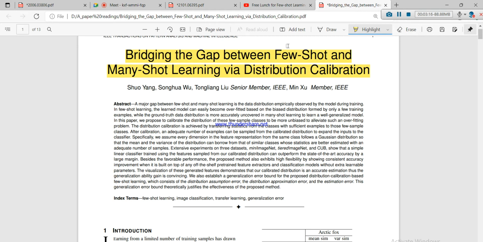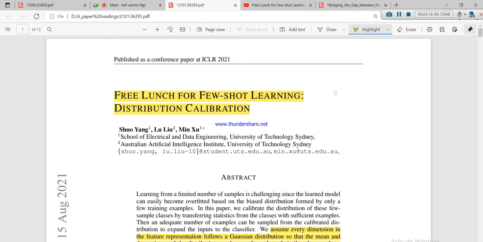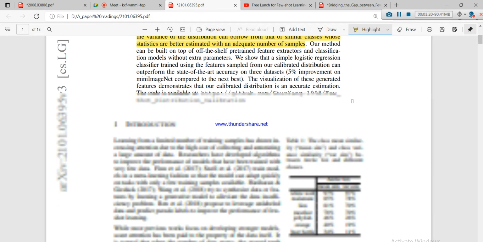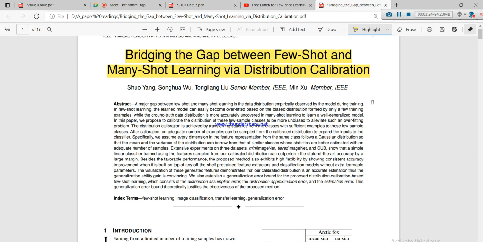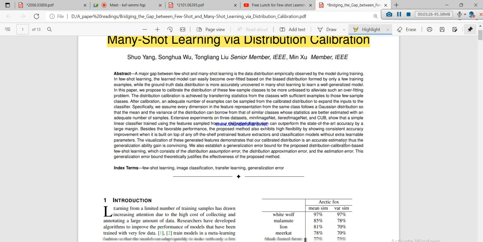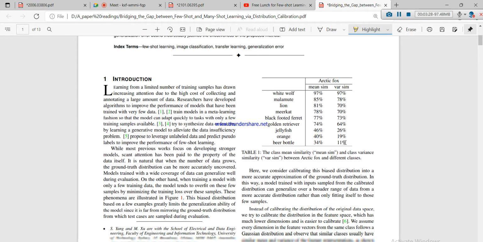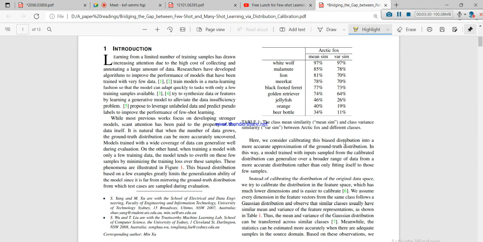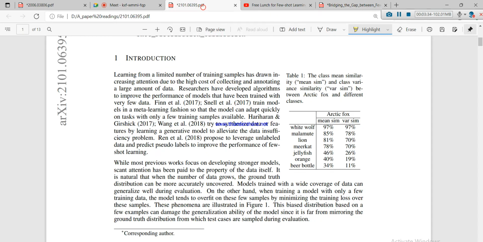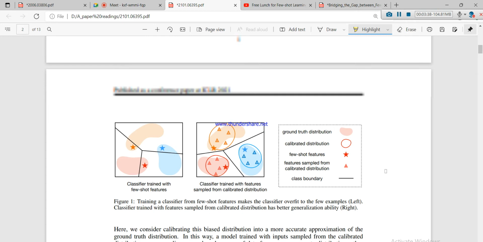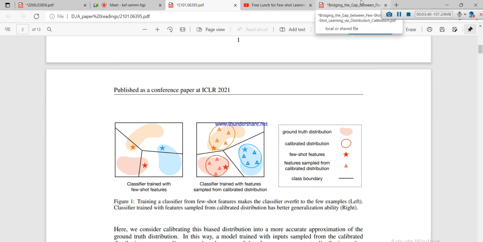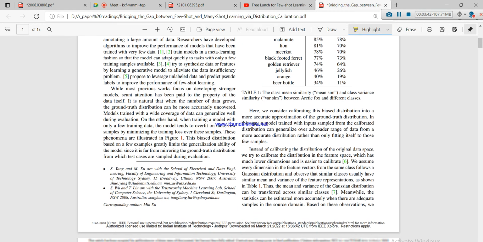All the things you can see from here: the abstract is similar, the introduction is similar, and there are exact copy-paste things. After the introduction you'll see this diagram, and here also you will see the diagram.